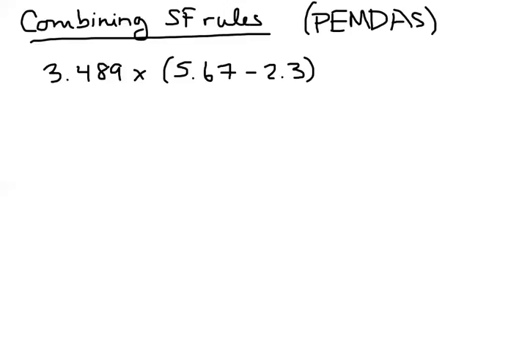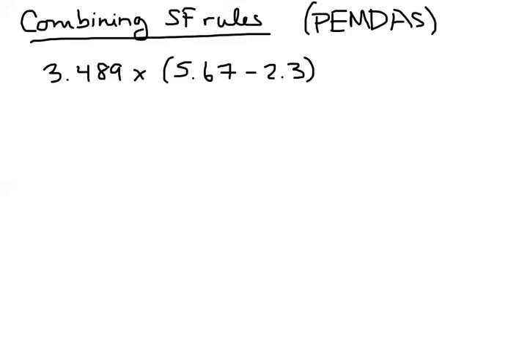Okay. So parentheses has addition and subtraction, so you have to use the addition and subtraction rule, which is the least specific. What is the least specific out of 5.67 and 2.3? Beautiful. So our answer for that part will be specific to the tenths place. Awesome.